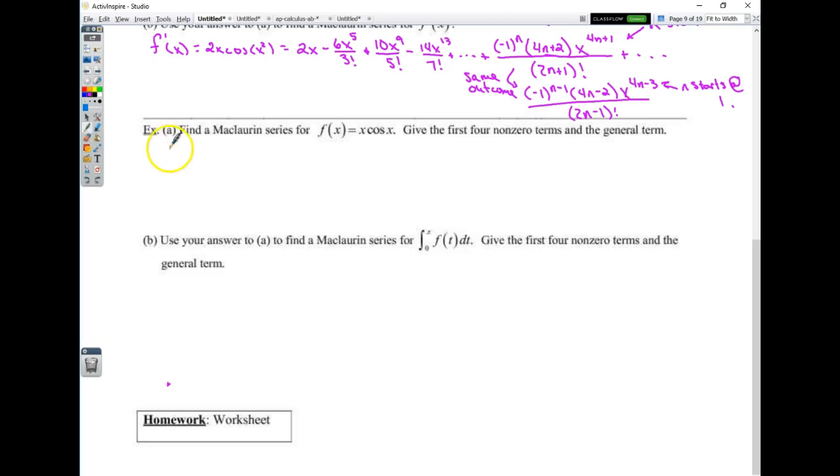So if I have the cosine of x, cosine is the even problem, so that means we would have even coefficients, or even powers, even n values.